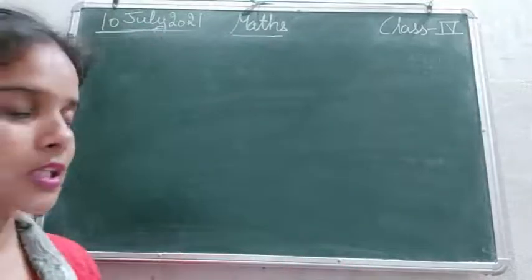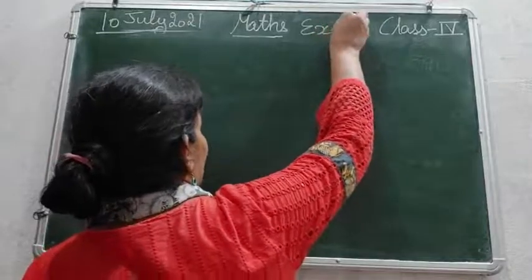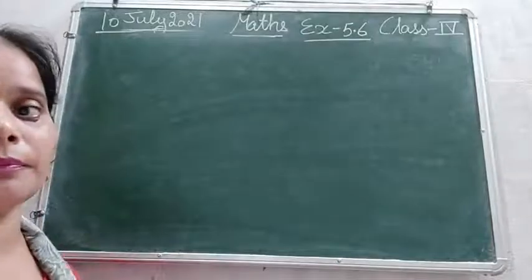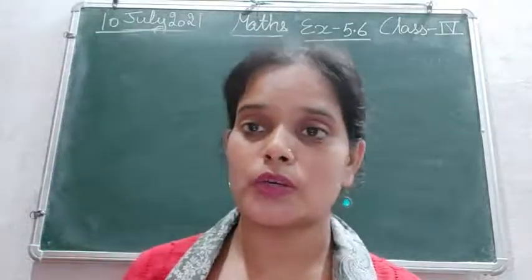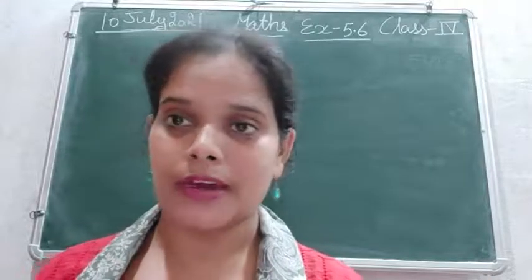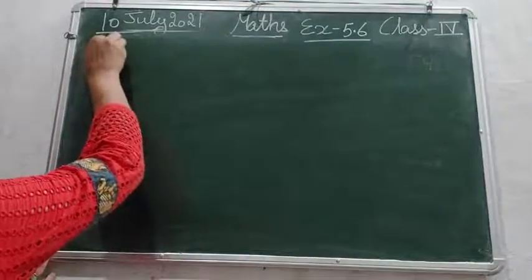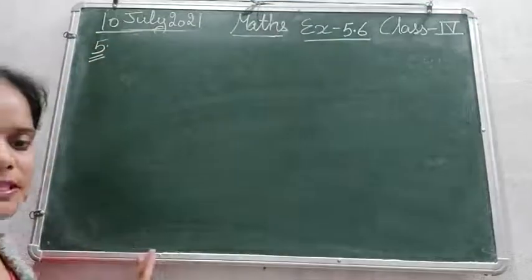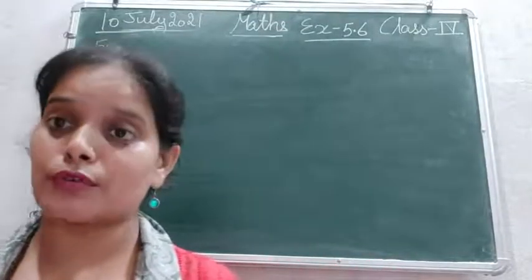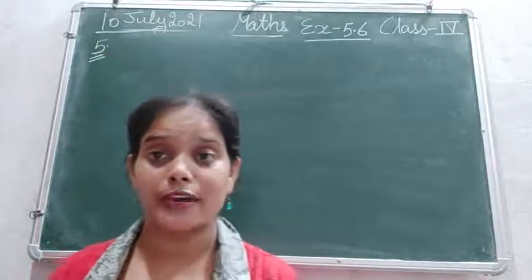I am just writing the exercise number here, 5.6. Now let's begin with sum number 5. The price of a book is rupees 48. Find the price of such 485 books.